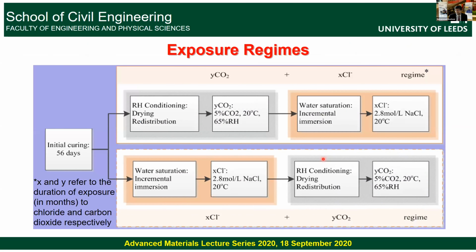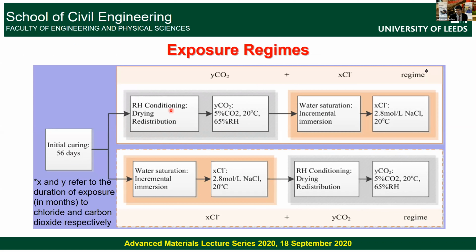And the exposure regime is quite a complex regime. Initially the concrete was cured for 56 days, 1 week in water, and then wrapped in polythene sheet and kept at 20 degrees Celsius for the remainder of the 56 days. After the concrete had completely cured, we had two sets of exposure conditions you can see here.